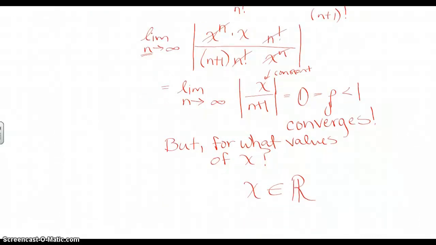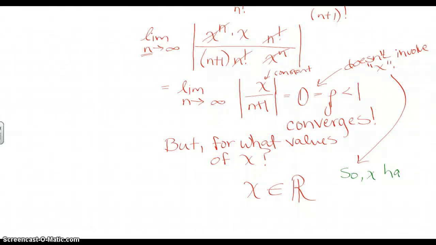Another way to look at it is rho doesn't involve x. So, let's put this down here. So, x has no bearing on this series convergence.